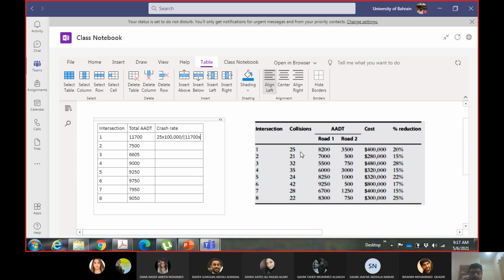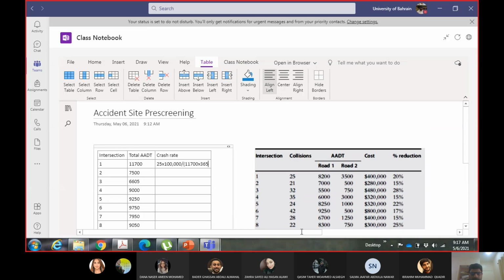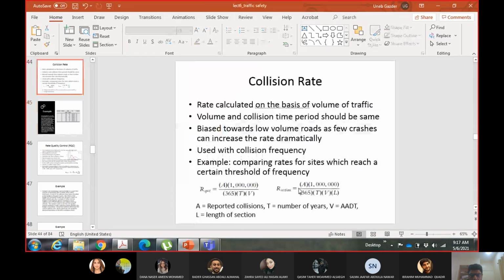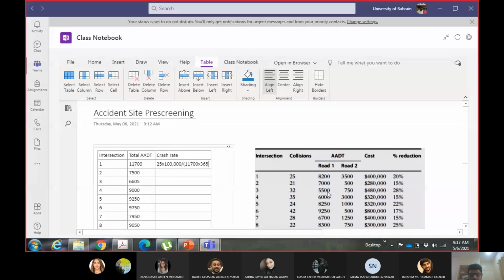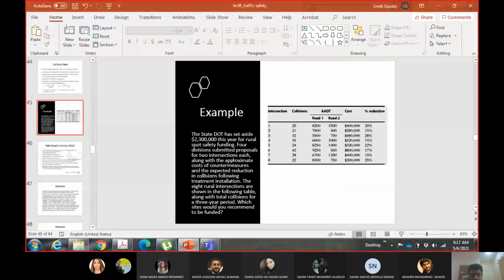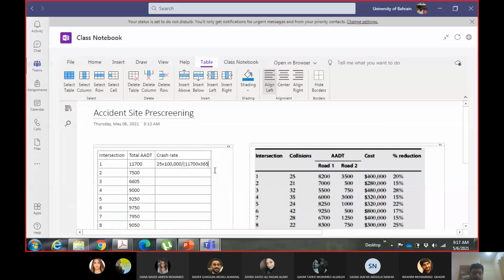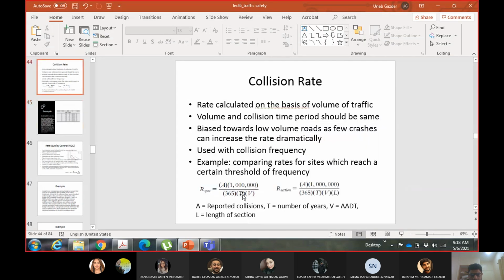This ADT is for 1 year, so 365. They mentioned the time is approximately 3 years. This is the equation: 365 times time and volume.